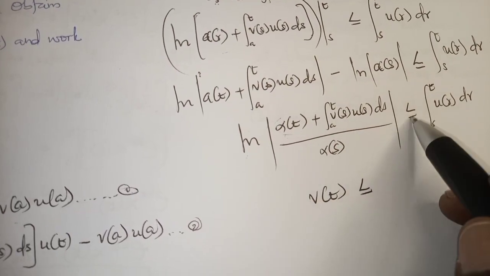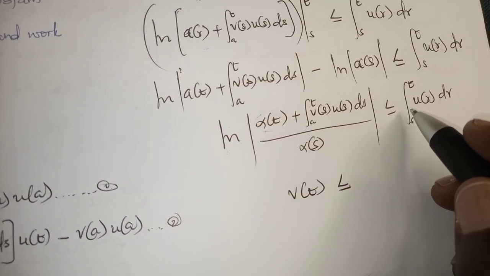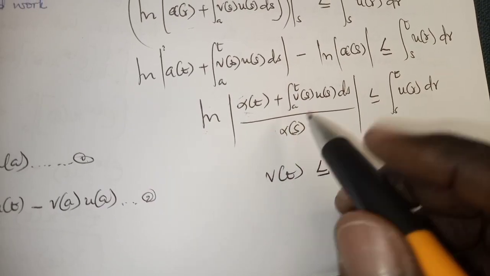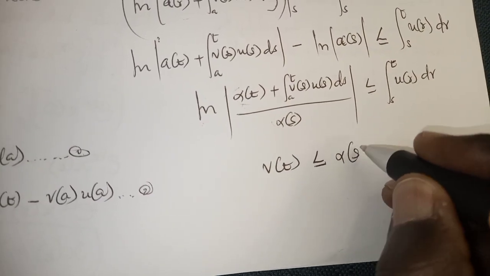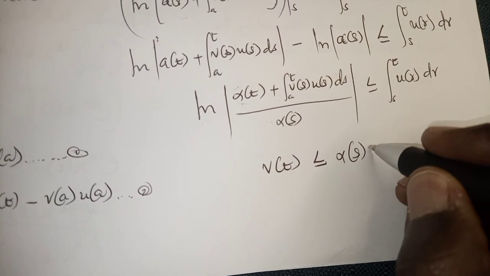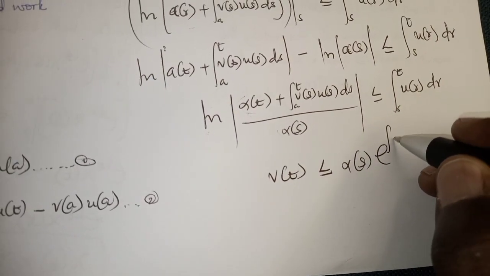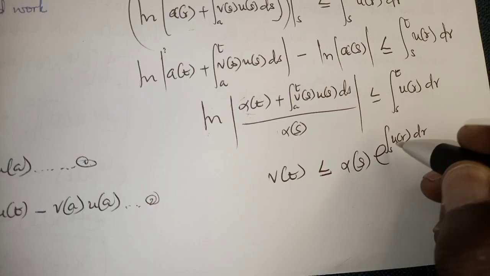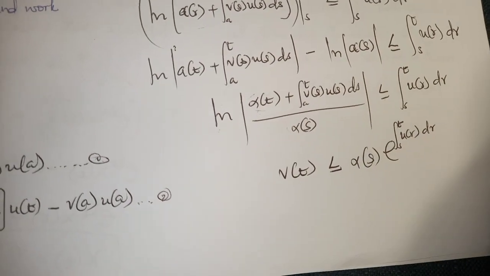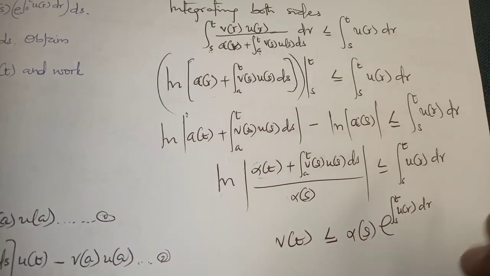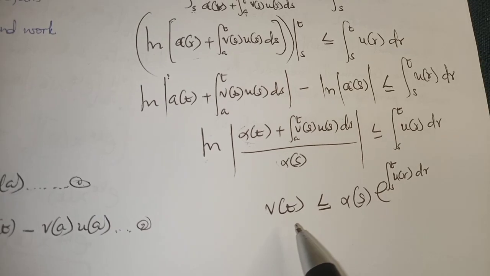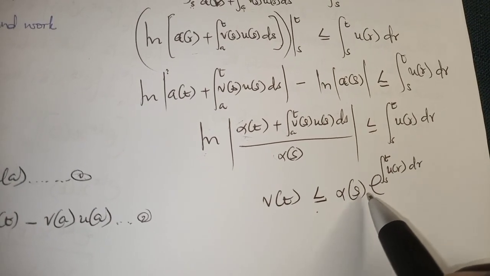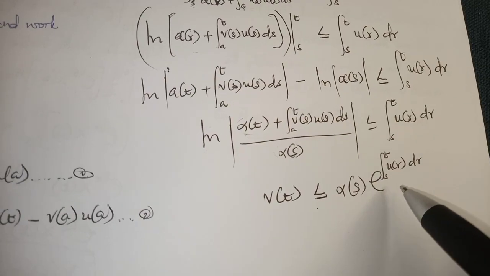It's a natural log, so we have e exponent of all this, then this becomes a coefficient, so we have alpha of s, then e exponent u of r dr, s to t. So v of t will be less than or equals to alpha of s and all this.